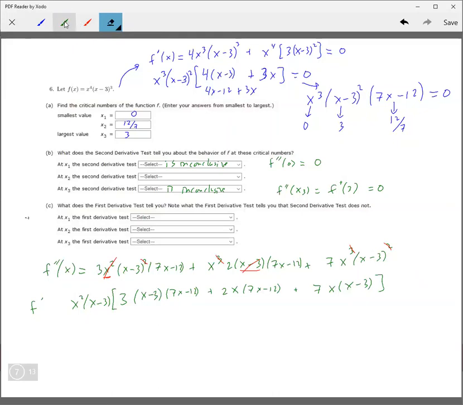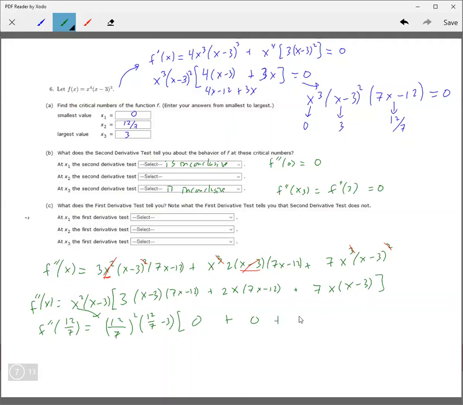Okay, at this 12 over 7, this is 12 over 7 minus 3. This is going to be 0, and that's also going to be 0, because when you put in 12 over 7, this is 0, and that's 0.